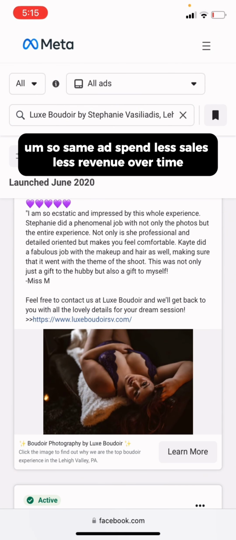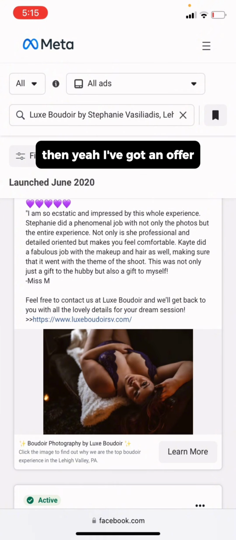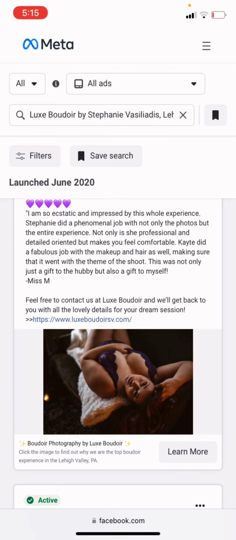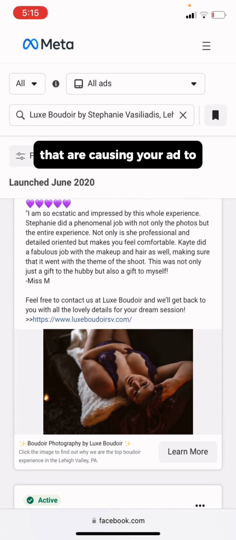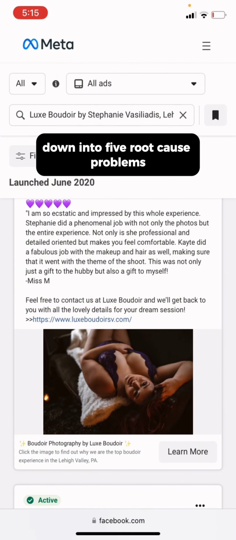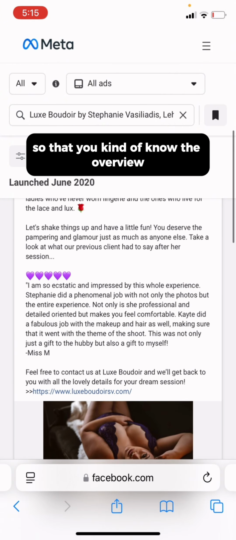So same ad spend, less sales, less revenue over time. Then I've got a basically boudoir Facebook ads mechanic offer to solve these root cause problems that are causing your ad to get worse results over time. I actually shrink those 10 mistakes down into 5 root cause problems, and I'll diagnose you now so you know the overview.